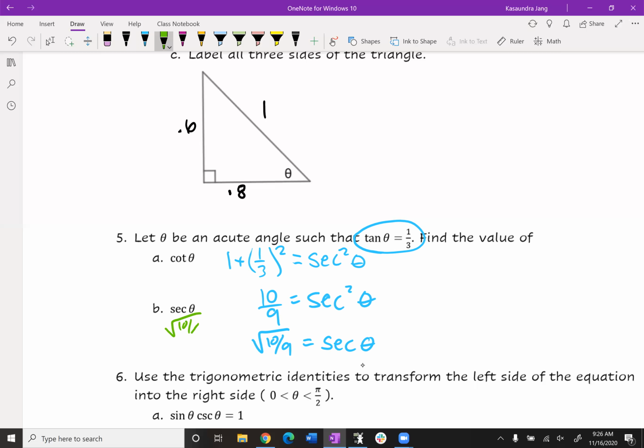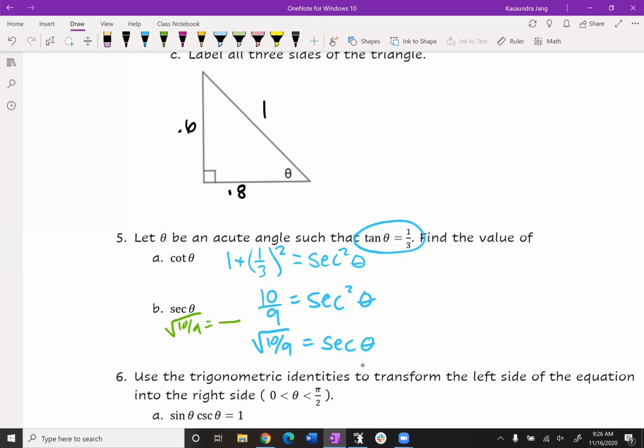Now, can I simplify that at all? Like, do you know the square root of 10? Do you know the square root of 9? Let's simplify this fraction here. So Dylan, do you know the square root of either of those?